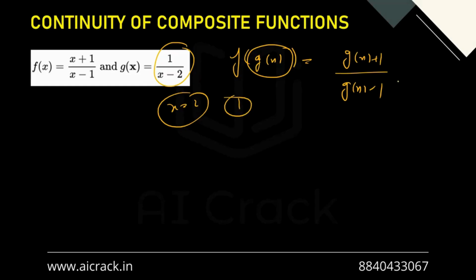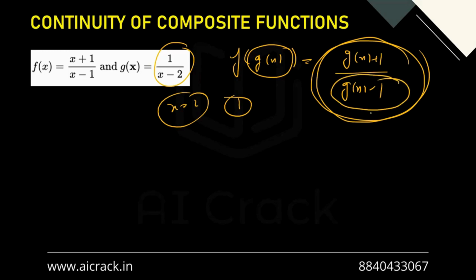Now the second point. This is our composite function, and this is also a rational function, because we are using two rational functions over here, and ultimately we get a rational function. In that case, the denominator should not be 0 for this function to be continuous.